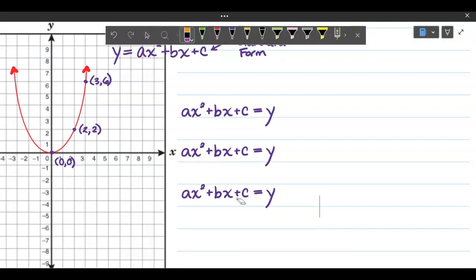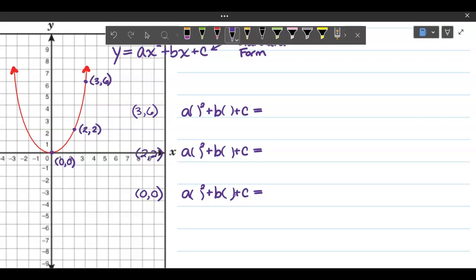Next, I'm going to remove the x from each equation and replace it with parentheses so that I remember where it was. I'm also going to remove the y's. Now I'm going to take each one of these points, 3, 6, 2, 2, and 0, 0.